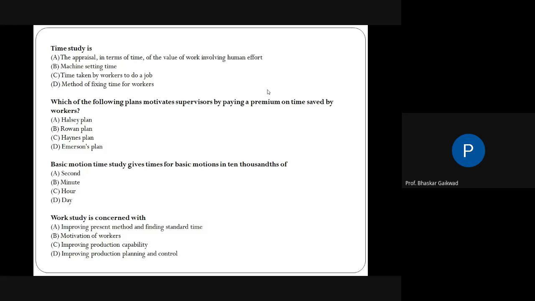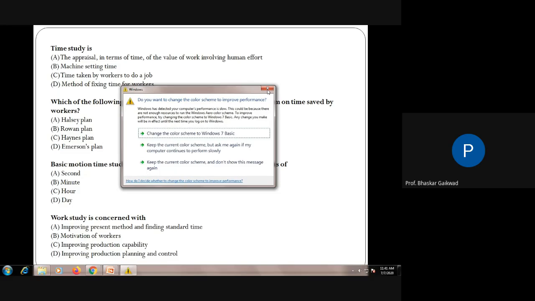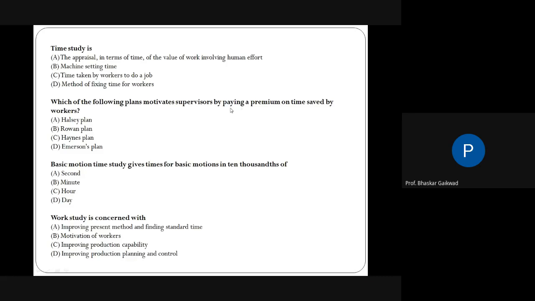Out of these, which is important for paying premiums to the supervisor on the time saved? You have to search for this answer in the job evaluation part. These are the methods for job evaluation, so for the given question you have to choose which method is important.